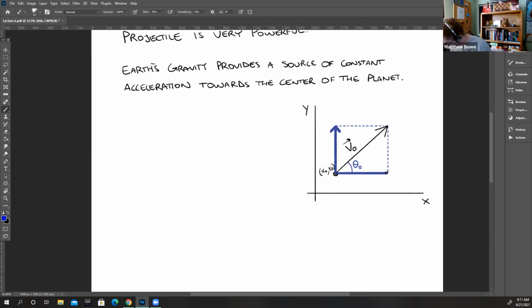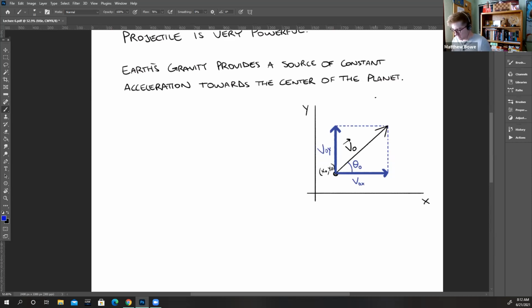And there's this horizontal component right here. So there is the vertical component, v naught y, and the horizontal component, v naught x. The vertical component is the same as this dotted line over here, and the same with horizontal on the top. So it makes this really nice square that we can measure the sides of.